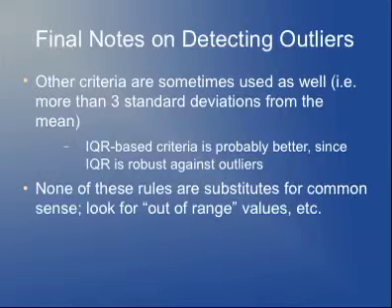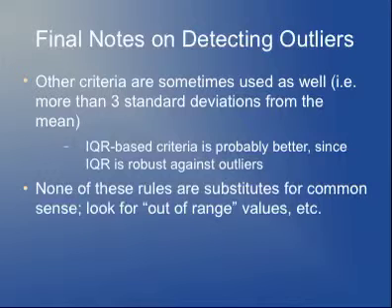More important here is that these rules are just intended to help you find suspicious data points. They're not intended to be gospel, and you have to use common sense. You can even have data points that are within 1.5 IQRs of the various quartiles and still be invalid if they're physically impossible.